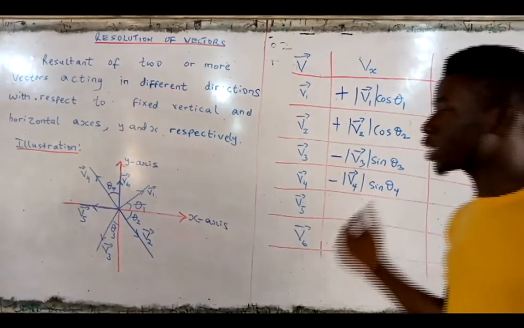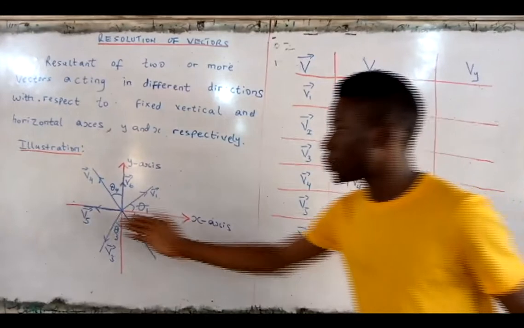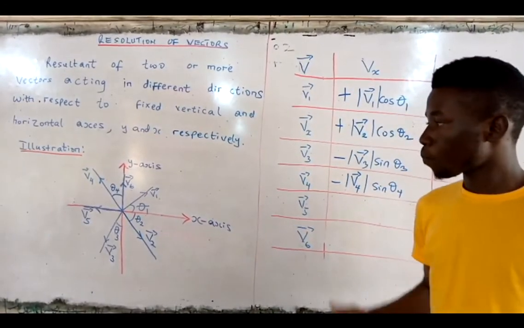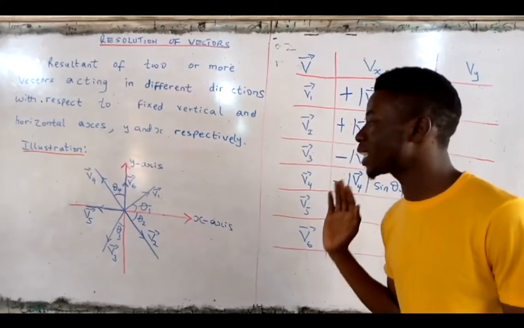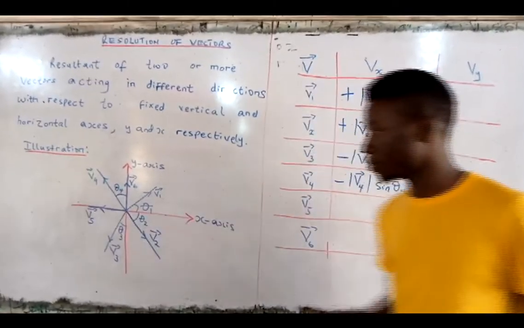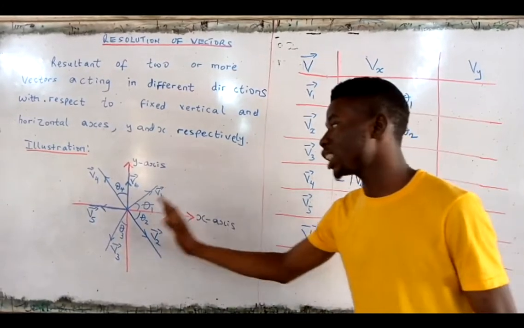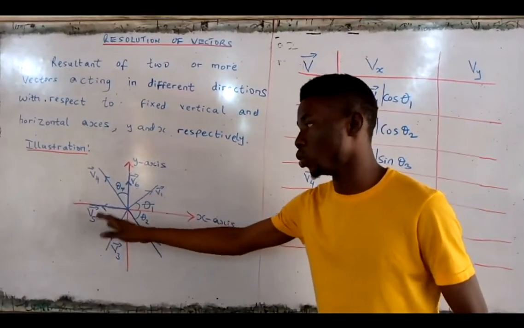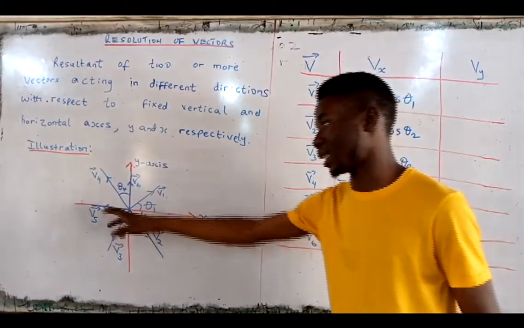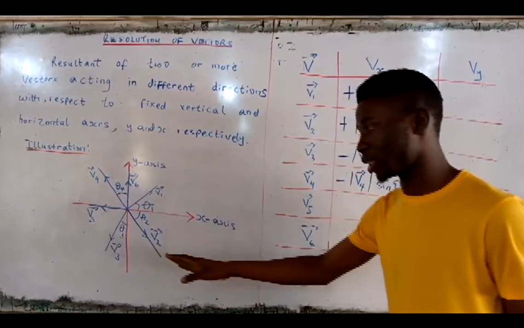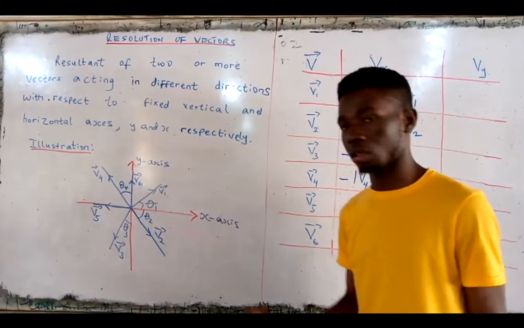Now, for the case of vector v5, this is a special case in that vector v5 is acting directly on the x-axis. That is, mere looking at it, it is not acting at a particular angle to the x-axis, even though it is acting at an angle 0 to the x-axis, then at angle 90 degrees to the y-axis.